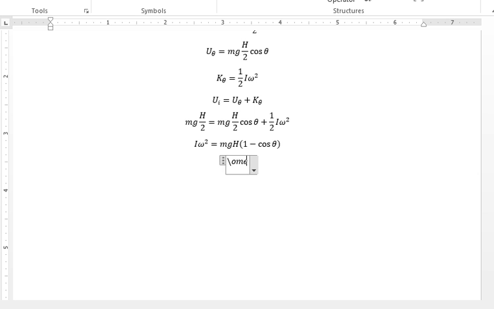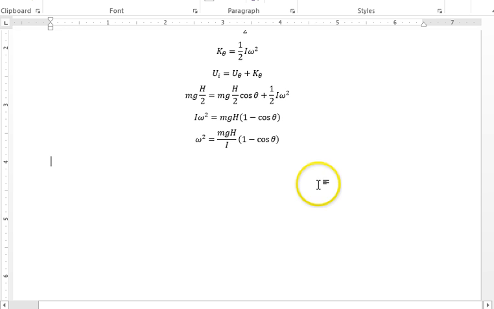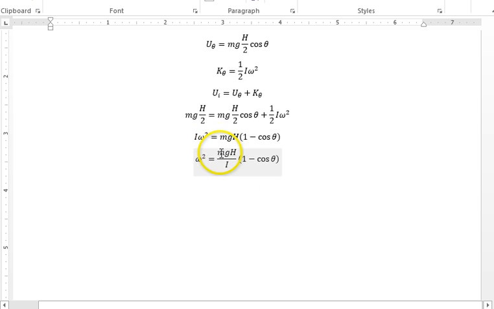Or omega squared equals mgh over I times this 1 minus cosine theta.